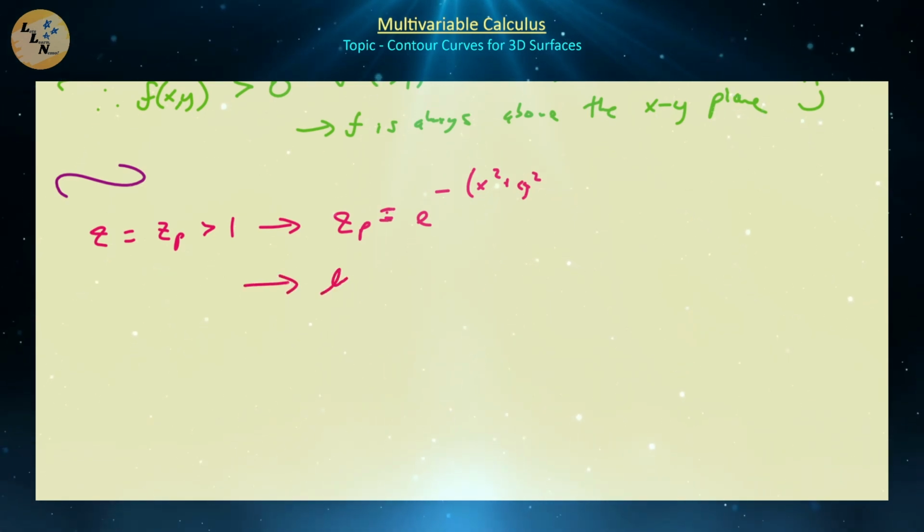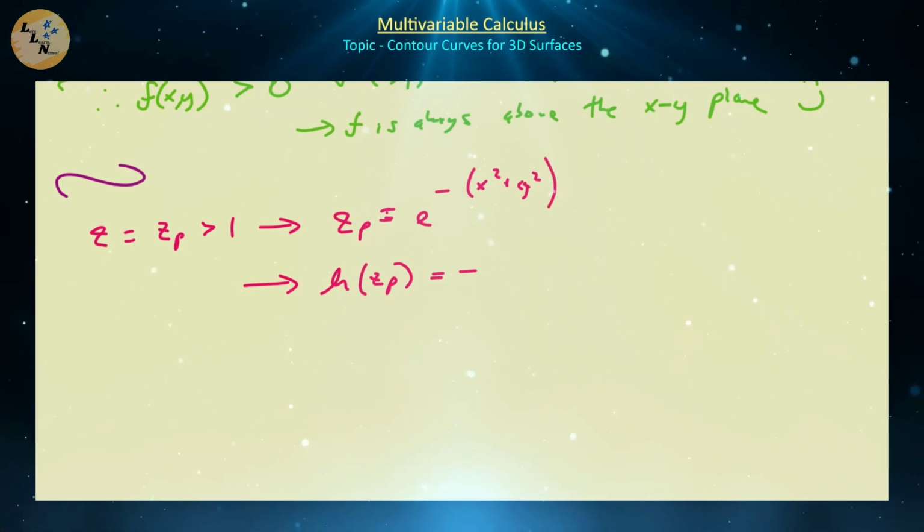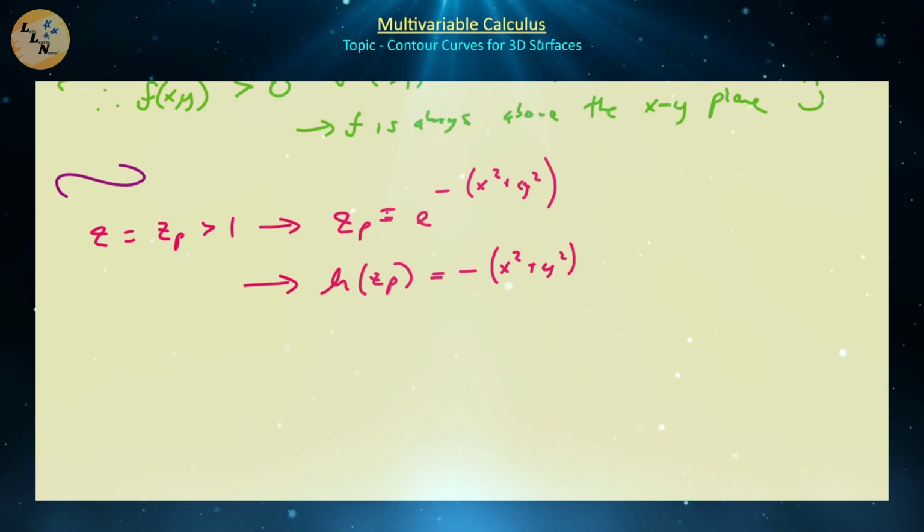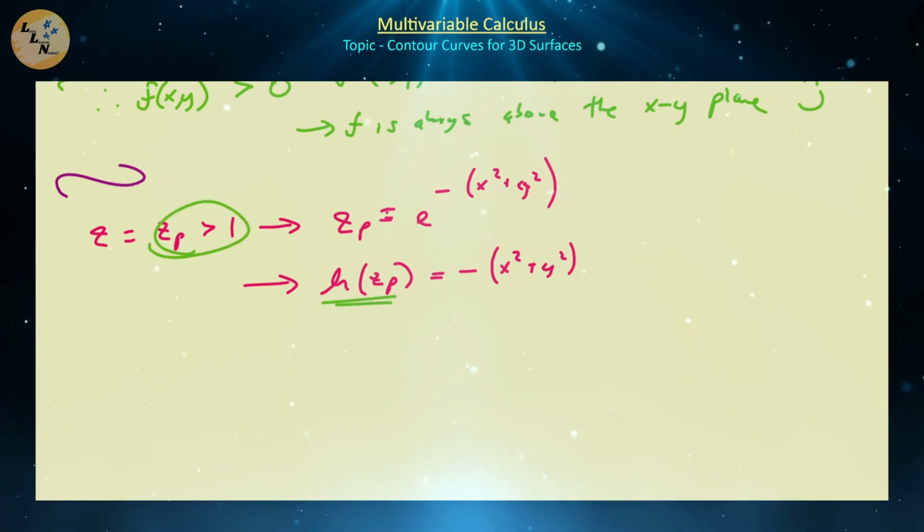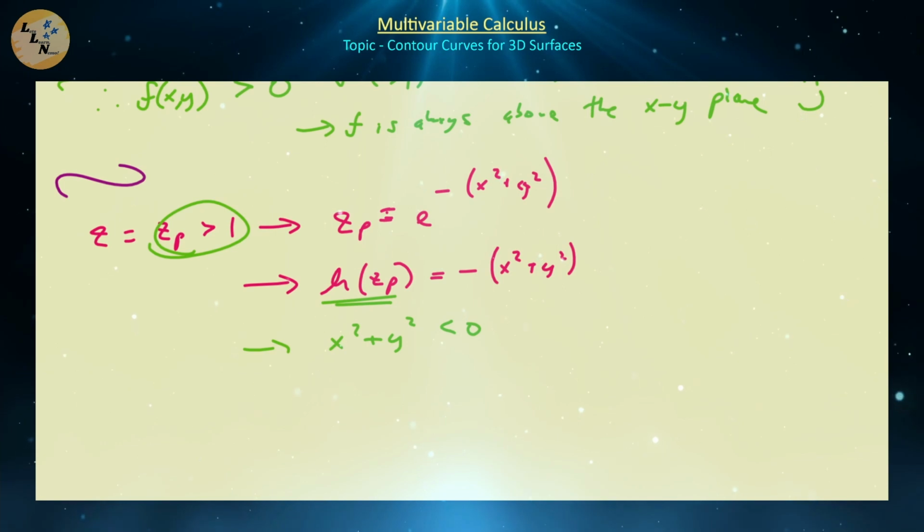So the natural log of z_p is equal to minus x squared plus y squared. The natural log of z_p, if z_p is greater than 1, is going to be greater than 0. So when we negate that, x squared plus y squared is less than 0. But we know that that is greater than or equal to 0, therefore that's not possible either.